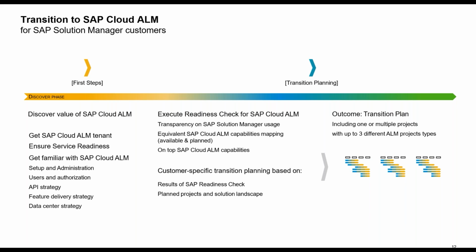Depending on the readiness check, you can then build a transition plan, for example depending on how many projects you would like to have within Cloud ALM, and then decide to migrate this information for you to be able to start utilizing Cloud ALM and transitioning from SAP Solution Manager.